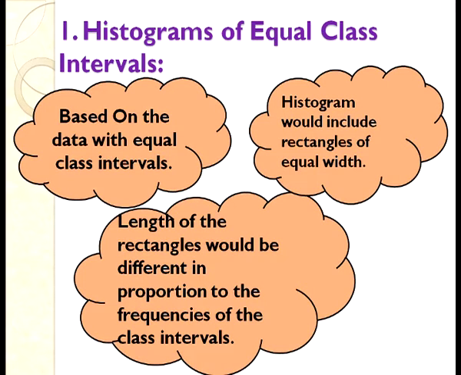Now the length of the rectangles of the histogram will vary according to their frequencies, whereas the width of the bars is going to remain the same. Next, there will be no distance between the bars or rectangles.